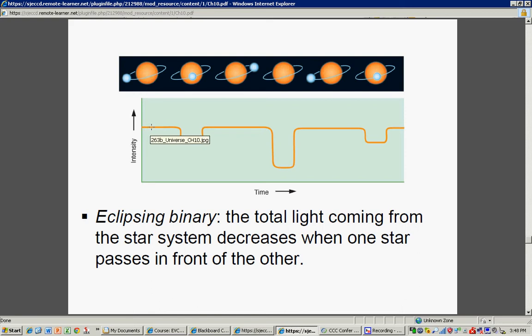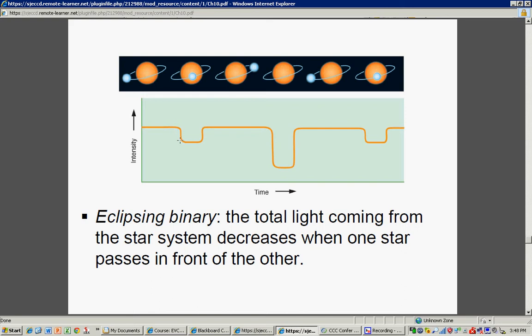Here's an example. You have two stars eclipsing each other. So this is the first picture taken, and you have this intensity level. But when the blue star is transiting the bigger red one, see what happened? There is a gap, there is a dip in the intensity level.